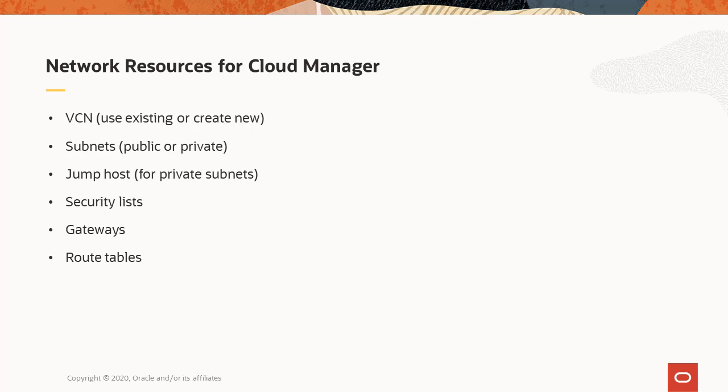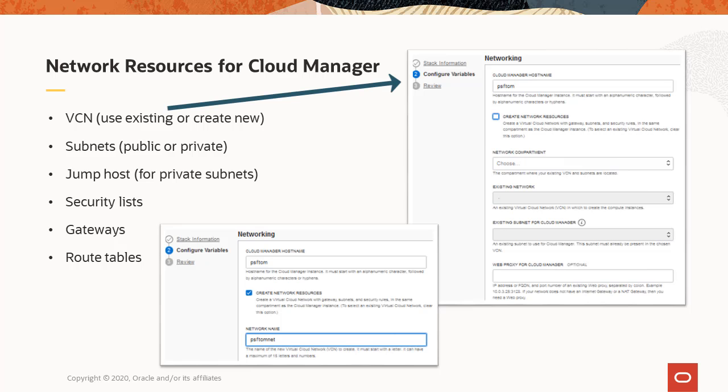The Cloud Manager installation requires a virtual cloud network, or VCN, with subnets, gateways, route tables, and security lists. You can create a VCN before you begin the Cloud Manager installation, or you can install it as part of the Cloud Manager stack setup with Resource Manager.